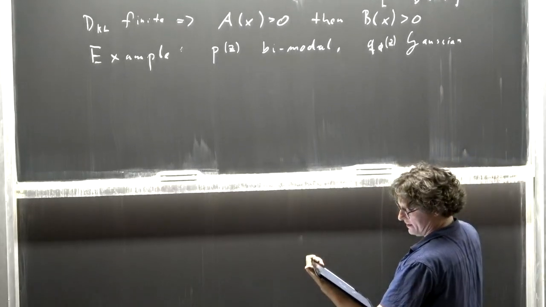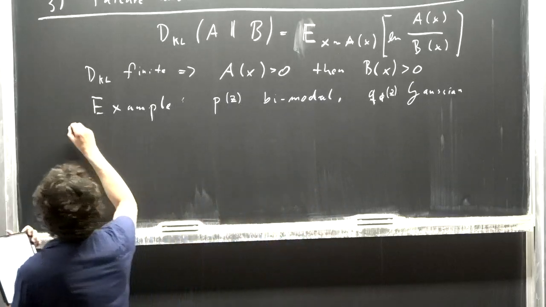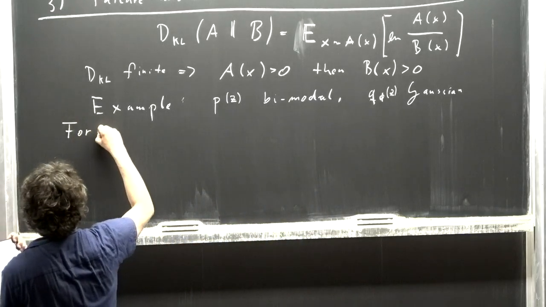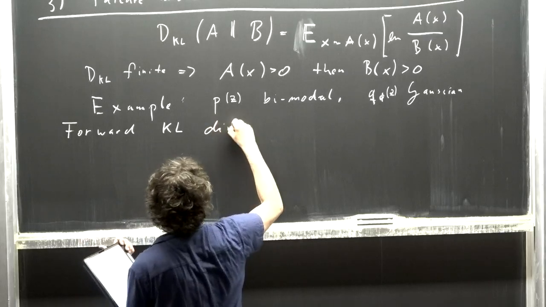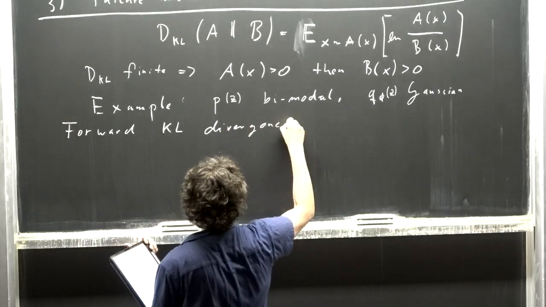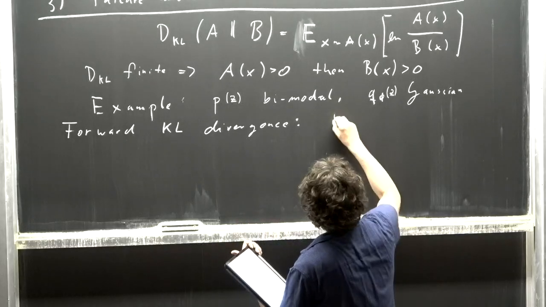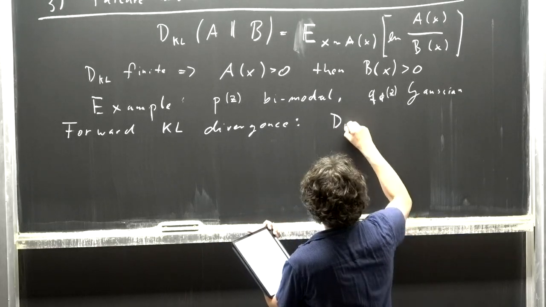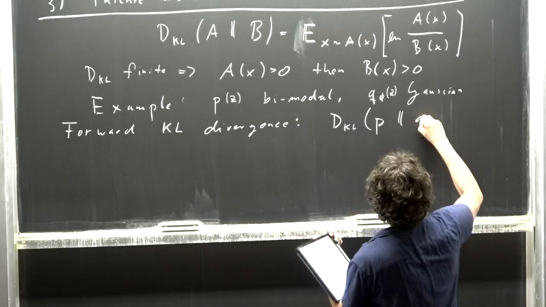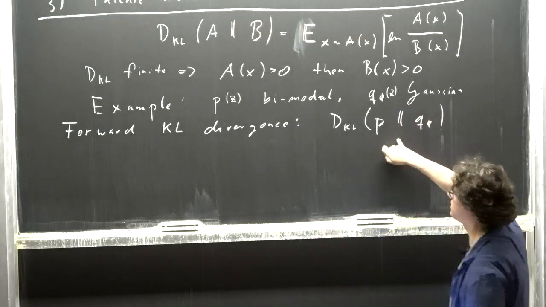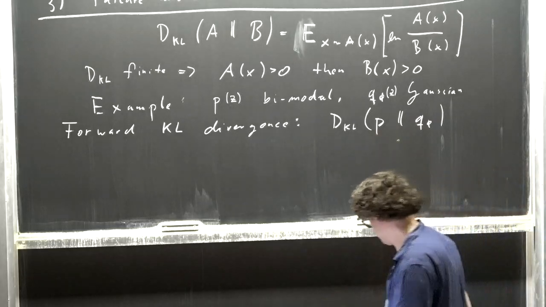Then we can have 2 situations. One is we look at forward KL divergence. This was the situation where we had dKL from P to Q. This was the starting point for neural posterior estimation for simulation-based inference.